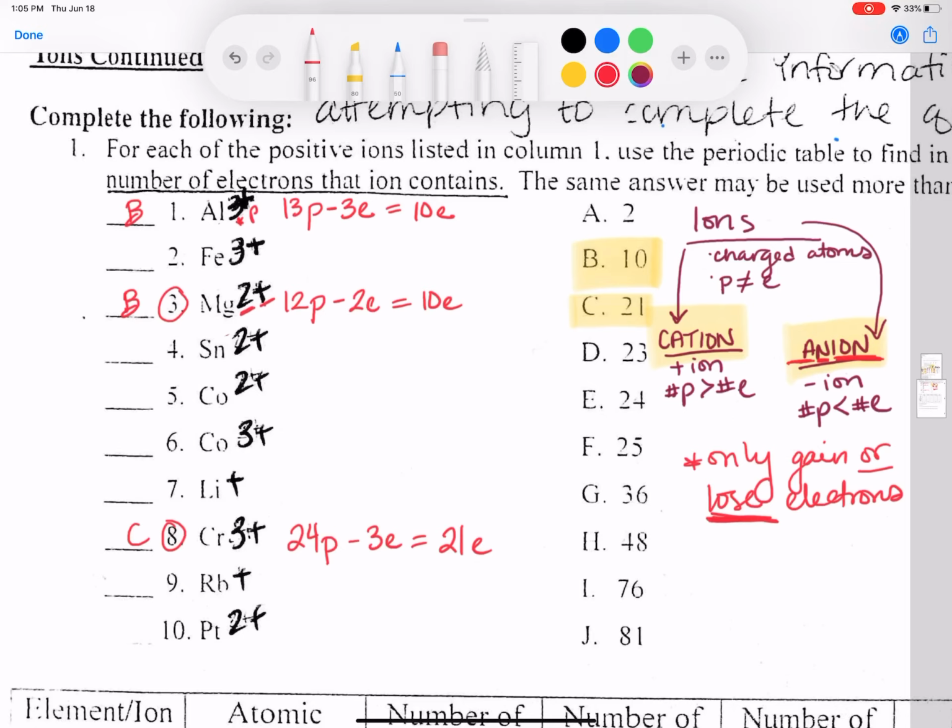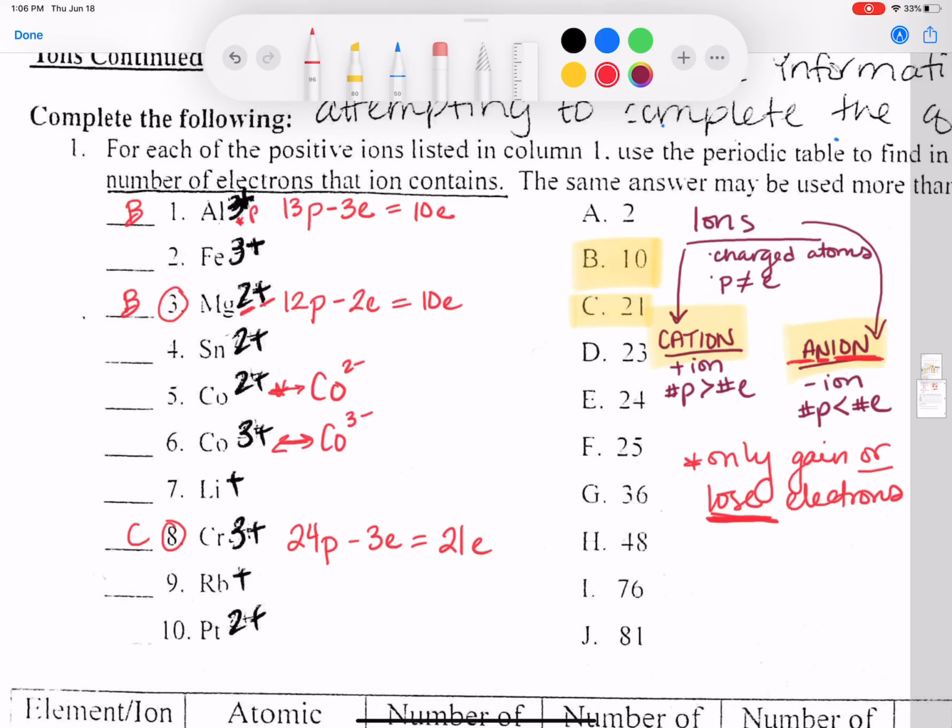I want to give you some examples with an anion. So I'm going to take 2 of them that are already here and manipulate them a bit. I'm going to go to 5 and 6, cobalt. I'm going to create a brand new problem. I want this one to be cobalt 2 minus and this one to be cobalt 3 minus.